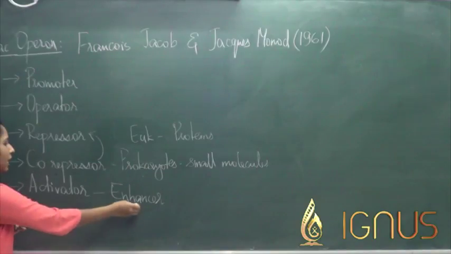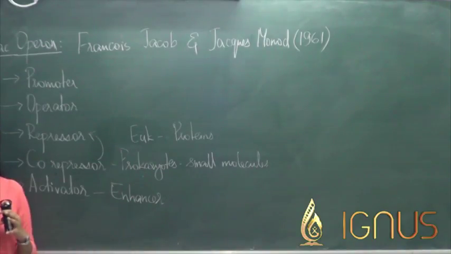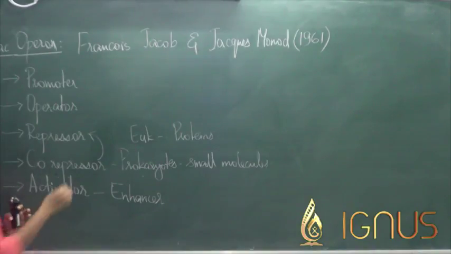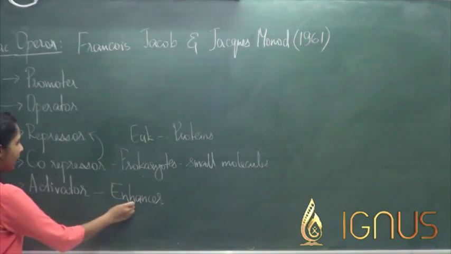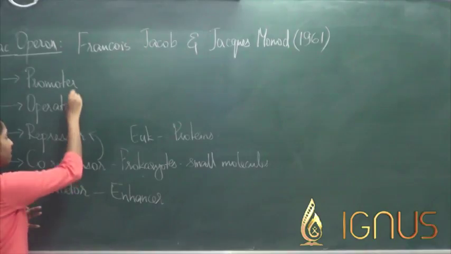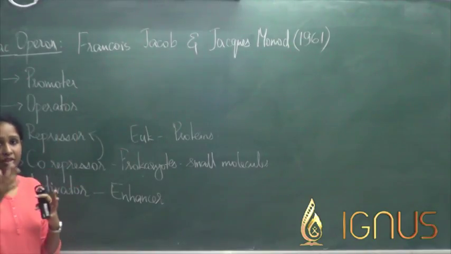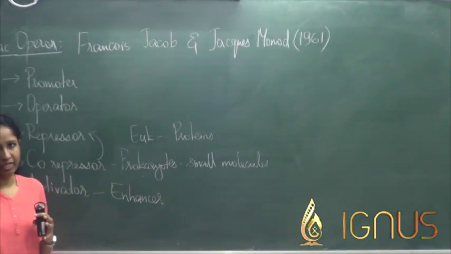So enhancer, like the name suggests, is going to enhance the function of the promoter. Promoter by itself is going to help the RNA polymerase to do transcription, but enhancer is going to help the promoter to do the work even more easily.